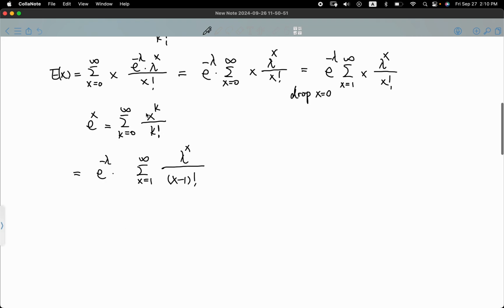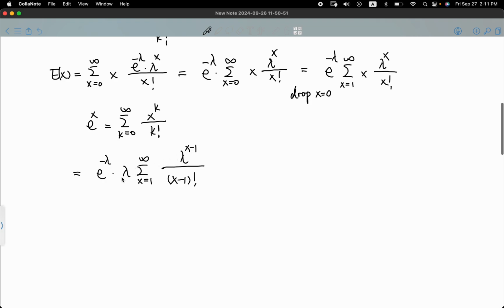However, this is not yet close to this formulation, so there's one more thing we need to do. It's just to bring one copy of lambda outside, because one copy of lambda is not going to be affected by the summation.